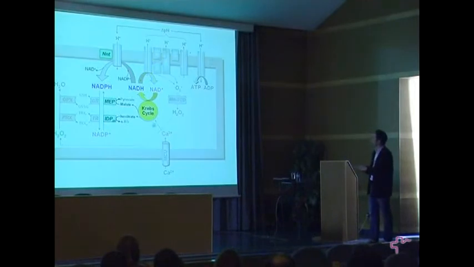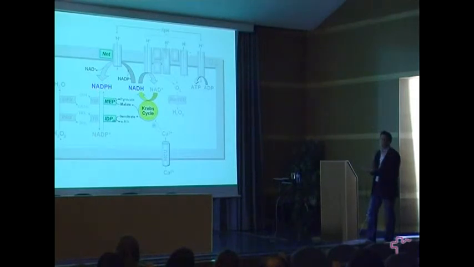Now, it is interesting to note that the regeneration of NADPH depends, as far as we know today, in mitochondria on 3 enzymes: the NADP-dependent isocitrate dehydrogenase, malic enzyme, and the transhydrogenase, which I will talk about especially in the last part of my talk.